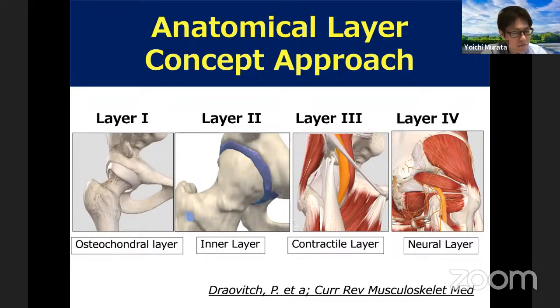Layer 3 refers to the contractile layer, which includes muscle tissue and attaching tendons. And layer 4 refers to the nerves running between the muscles around the hip joint. In this presentation, I will explain layer 2, the hip labrum and joint capsule, which is often treated with hip arthroscopy.